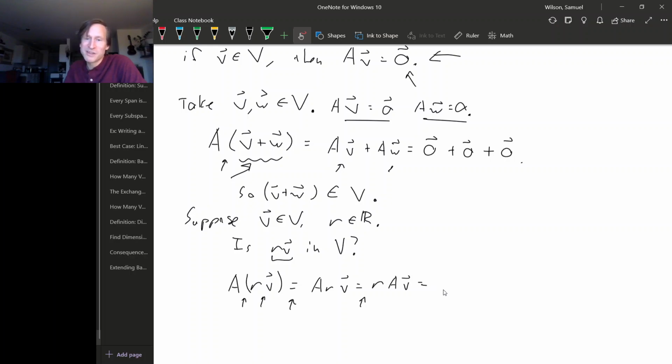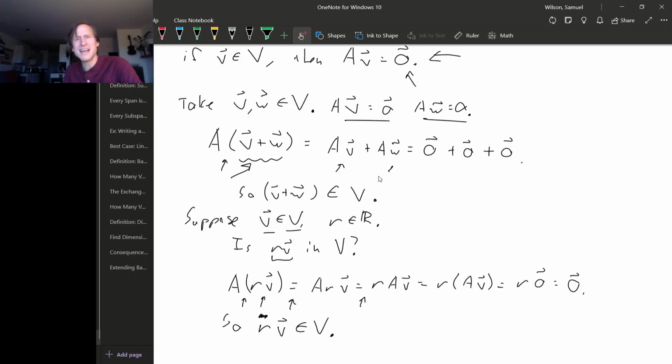Then we can put the parentheses back around A times little v, but A times little v has to be 0 because little v is coming from capital V. So we have r times the 0 vector, and that's the 0 vector. So scalar r times little v is in capital V.